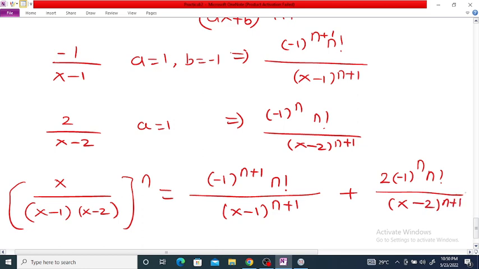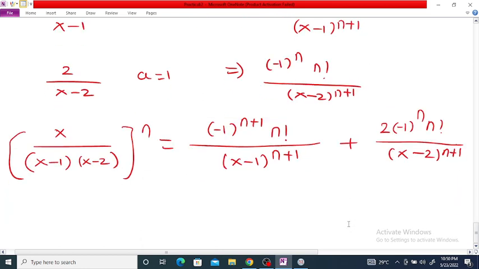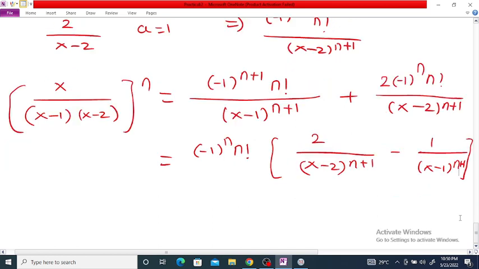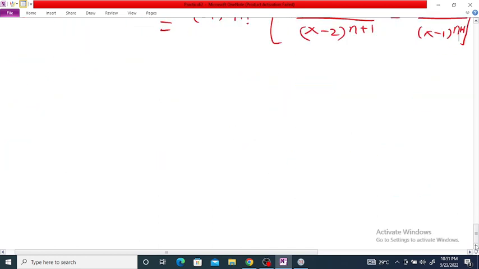If you simplify it further, taking minus 1 raised to n and n factorial outside, then inside the bracket it is 2 divided by x minus 2 raised to n plus 1, and we interchange the term here, minus 1 divided by x minus 1 raised to n plus 1. So this is the nth derivative of the given function.